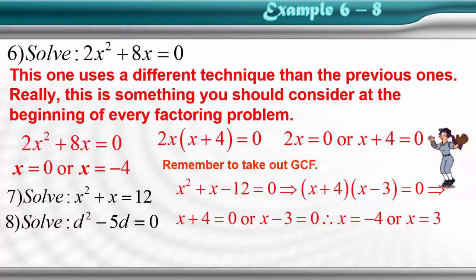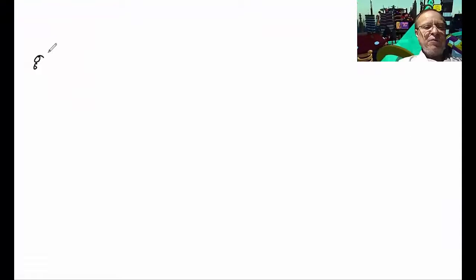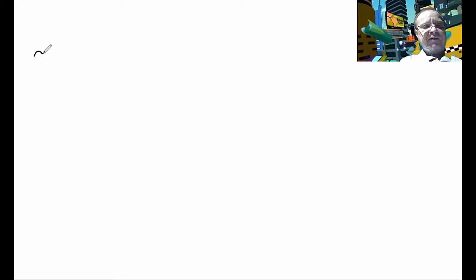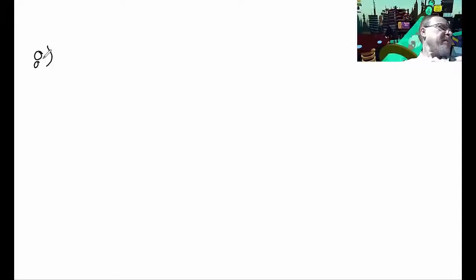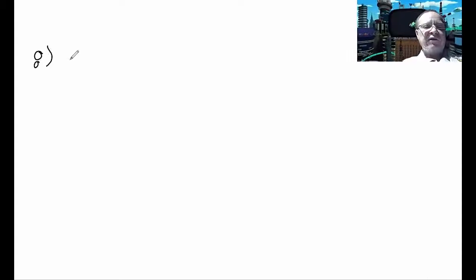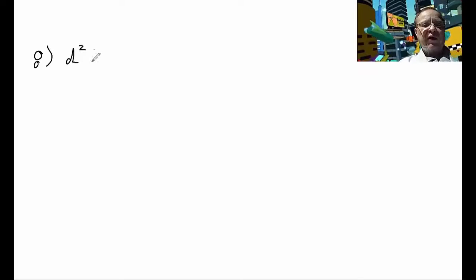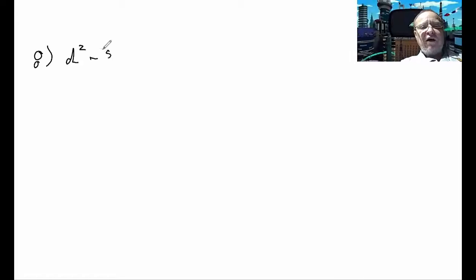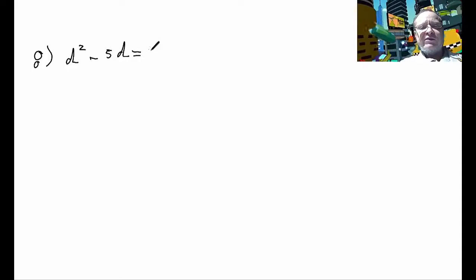So let us go over to the whiteboard and solve this one. In example number 8, we have d squared minus 5d is equal to 0.